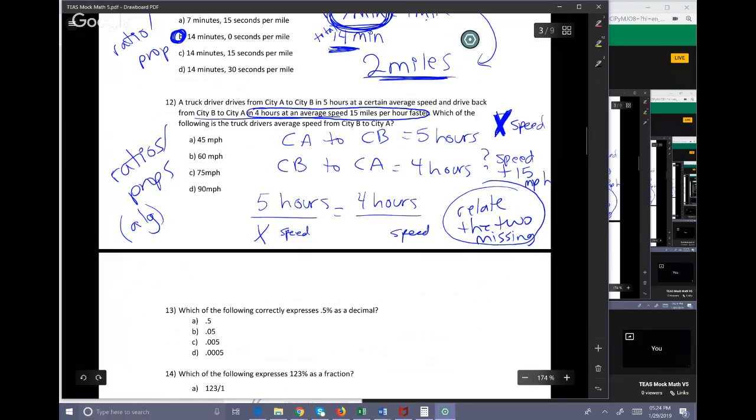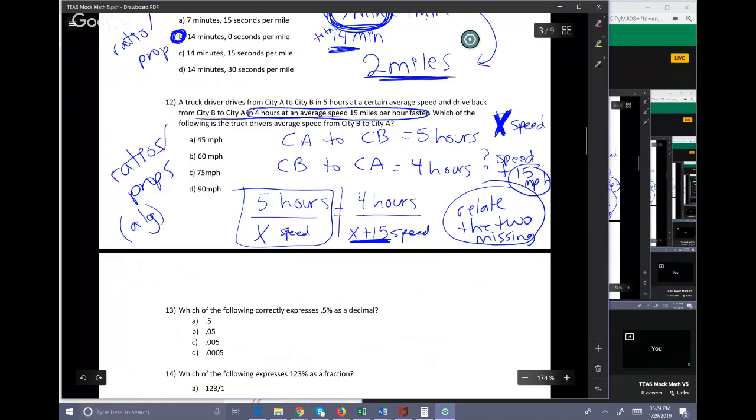What that leaves you with is what do you put here, because we still have missing info. If we know that you were going at the speed of X when it took you 5 hours, then we know that you were going X plus 15 on the second trip. So when it took 5 hours, you were going at a completely unknown speed.